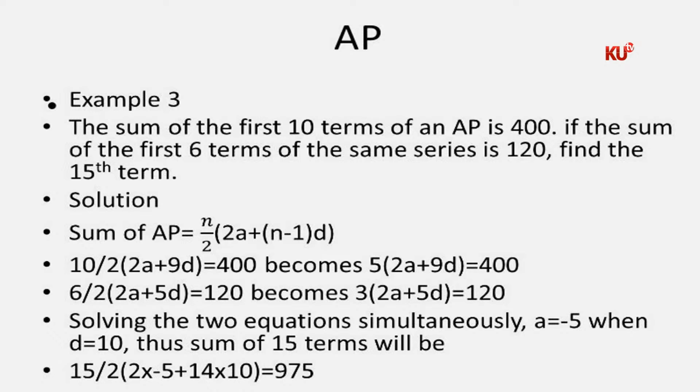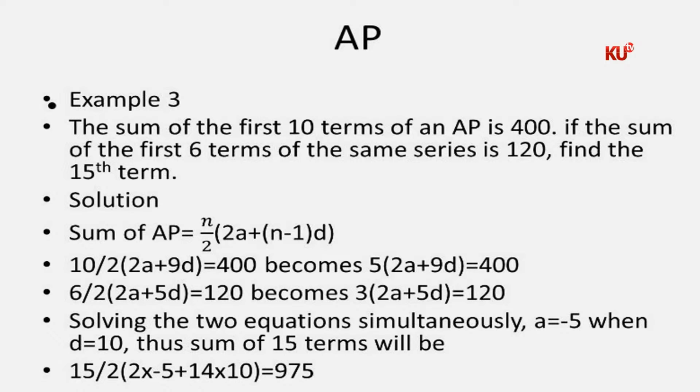Example number 3: the sum of the first 10 terms of an AP is 400. Just listen to that.